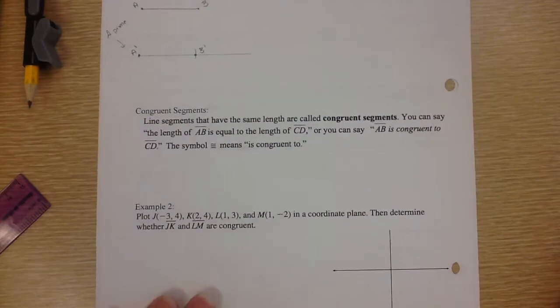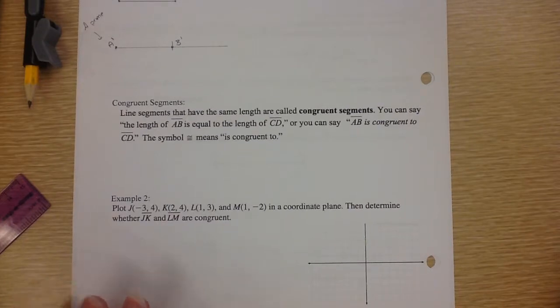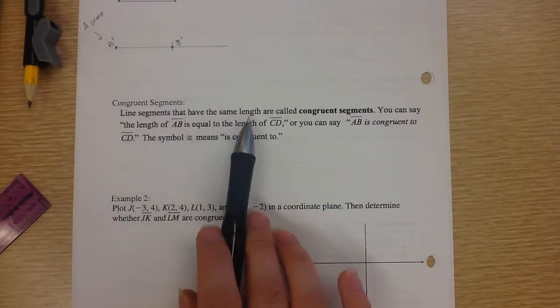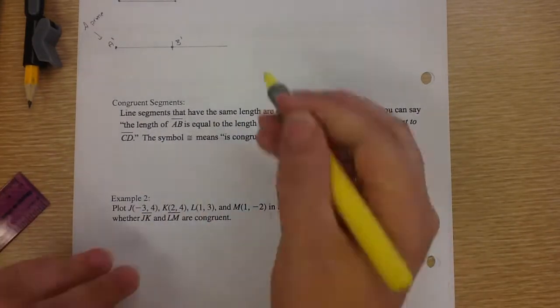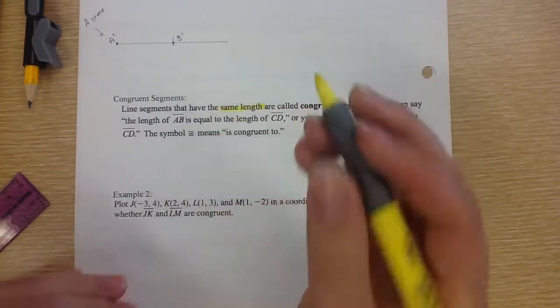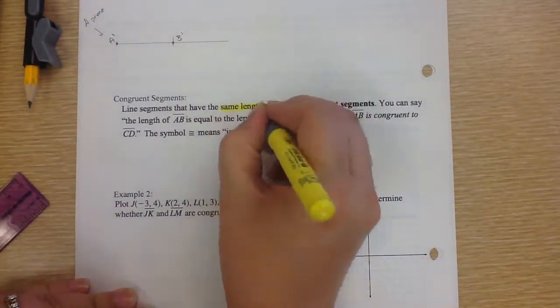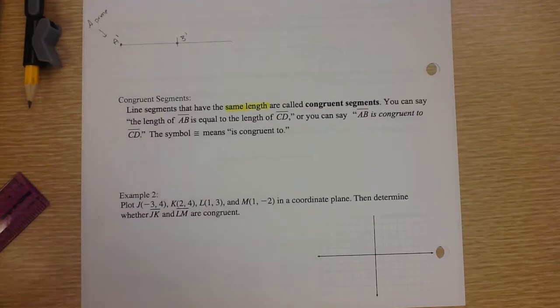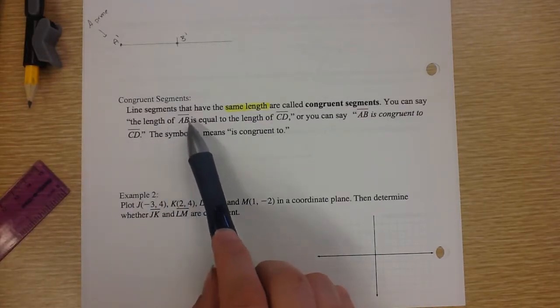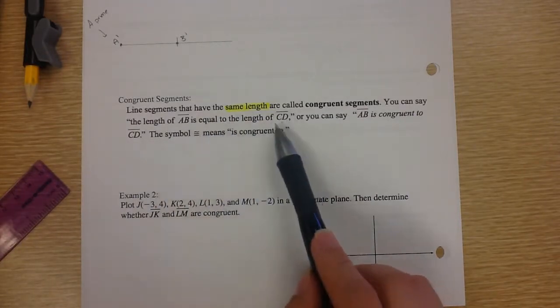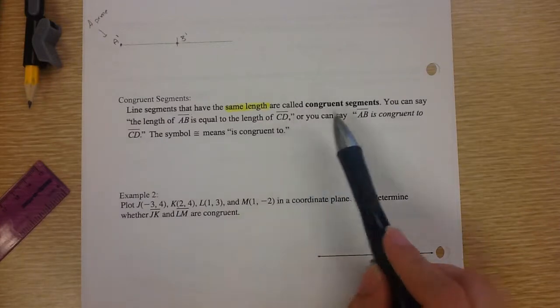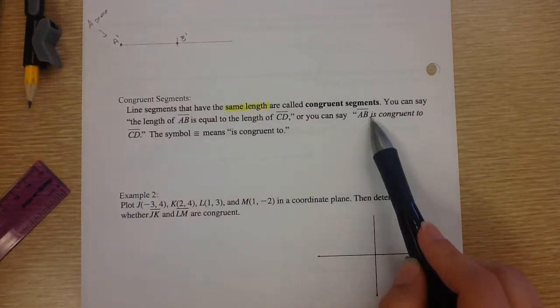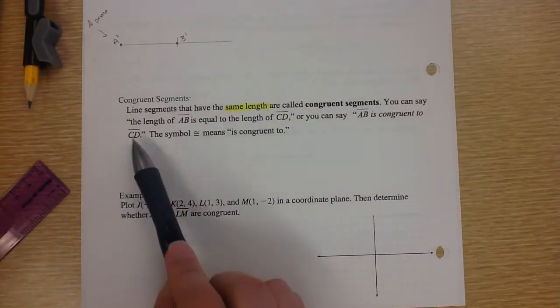Okay, so now congruent segments. Now we get that idea on congruent. Line segments that have the same length are called congruent segments. You can say the length of segment AB is equal to the length of segment CD. Or you can say AB is congruent to CD.